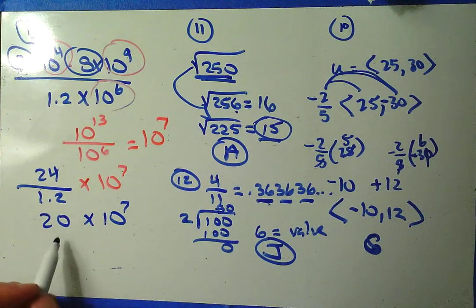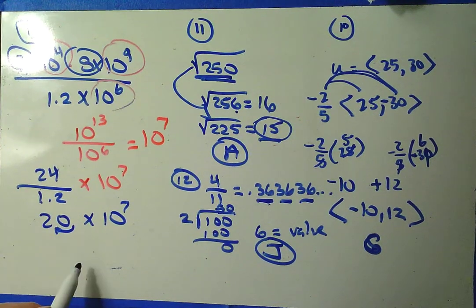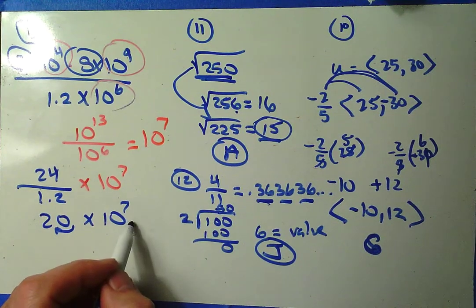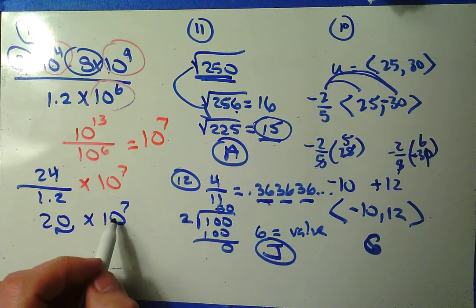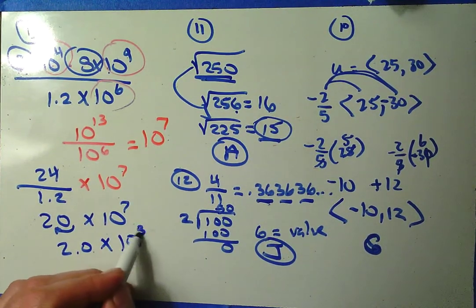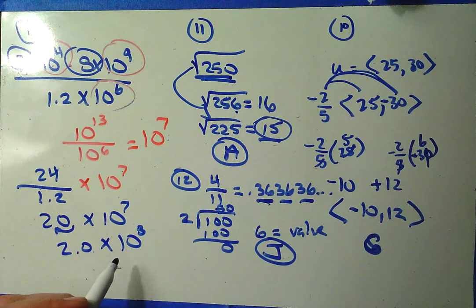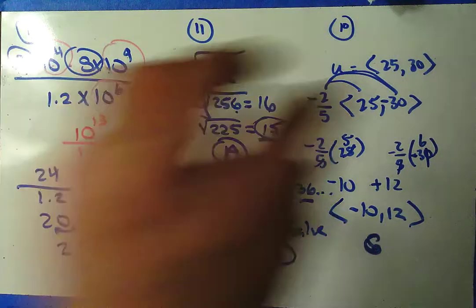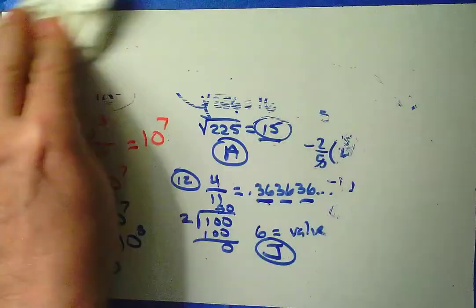But this isn't in scientific notation. I need to move the decimal place over 1, which means I need to multiply over here by another 10, which means that instead of 10 to the 7th times 20, I'm going to have 2.0 times 10 to the 8th. 2.0 times 10 to the 8th is choice C for number 13. 13 is C.